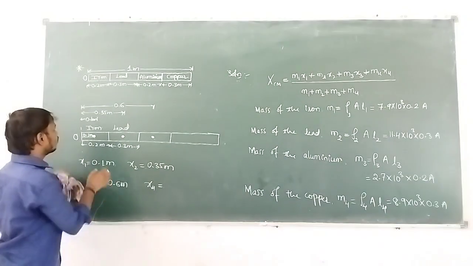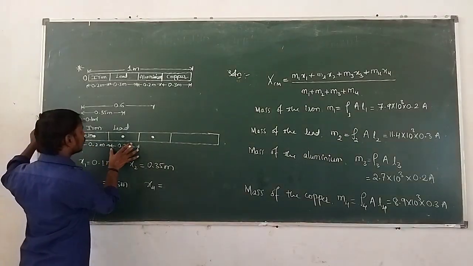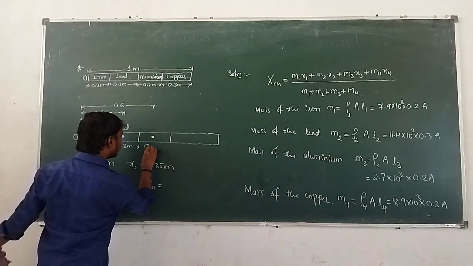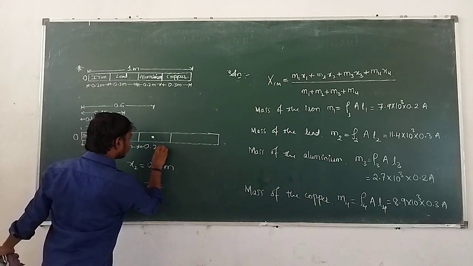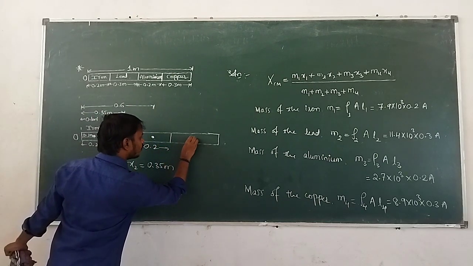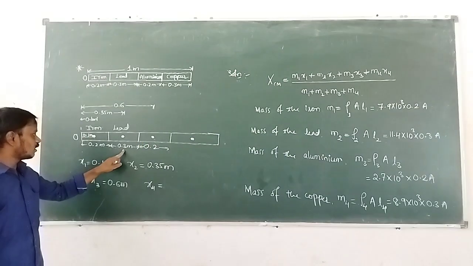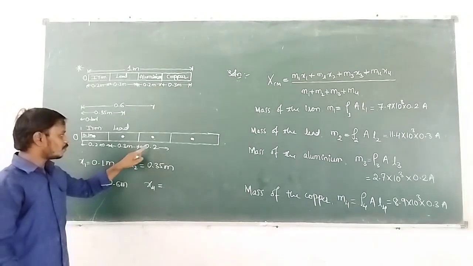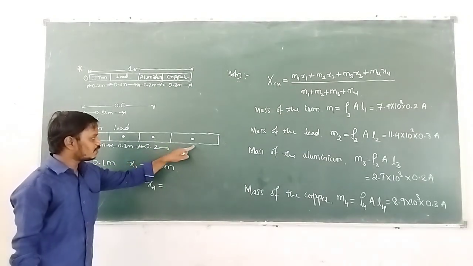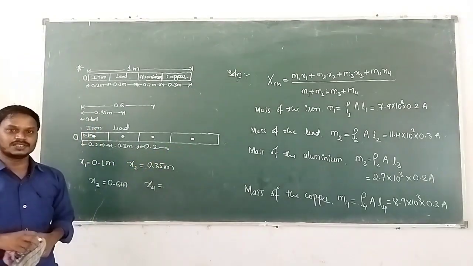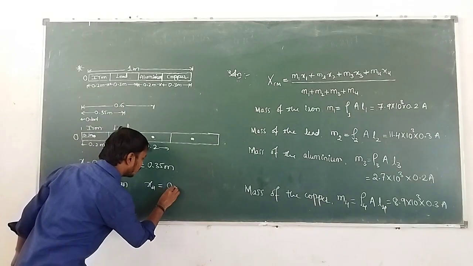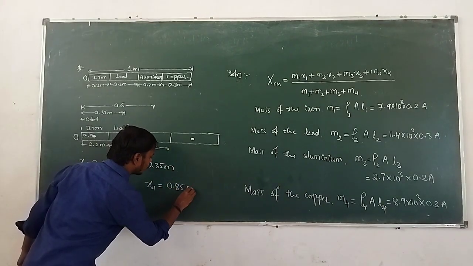0.15. Then 0.2 plus 0.3 plus 0.2 and it is 0.15. Then what about this one? 0.2 plus 0.3, 0.5, 0.7, 0.7 plus 0.15, 0.85 meter.